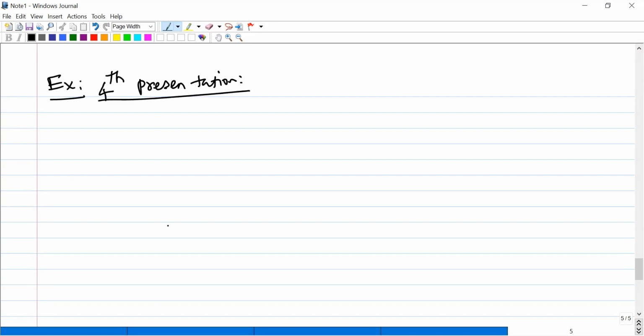So B is now generated by T1 and G. They are good enough to generate B, because for example T naught you can actually get from GT1G. So I can take this new set of generators T1 and G. What will be the relations?